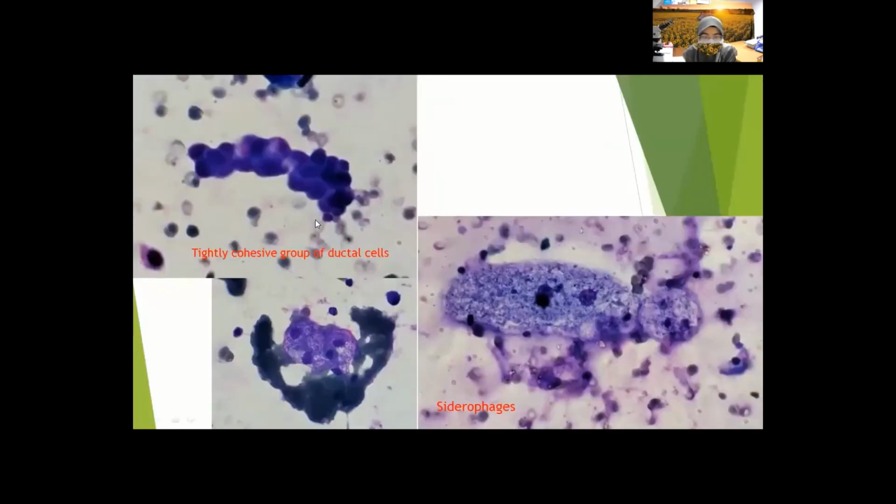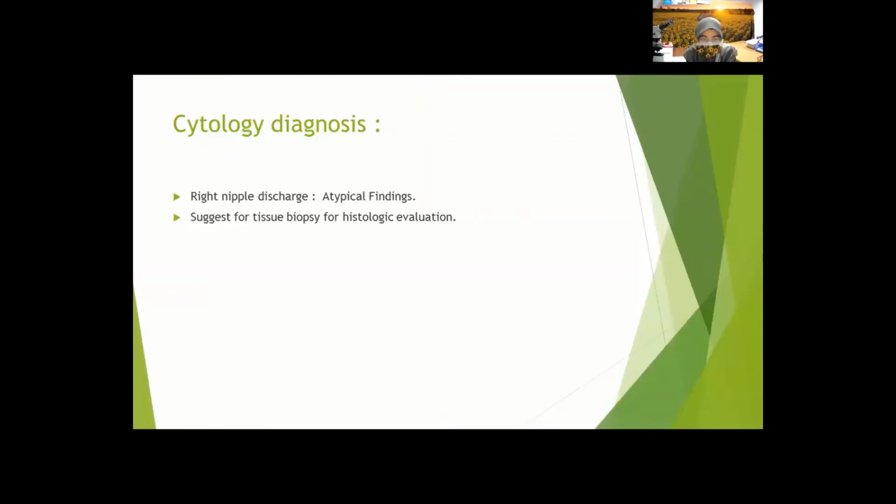This is another group of cells, still tightly cohesive, with scattered siderophages or foamy macrophages present in the background. So based on that finding, cellularity is low, but the architectural pattern of the cells shows overlapping features, which are papillary-like structures that can also be seen in malignancy.